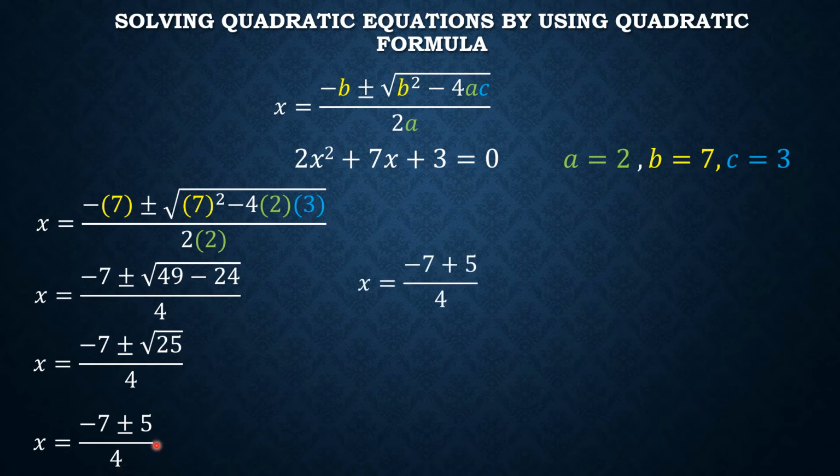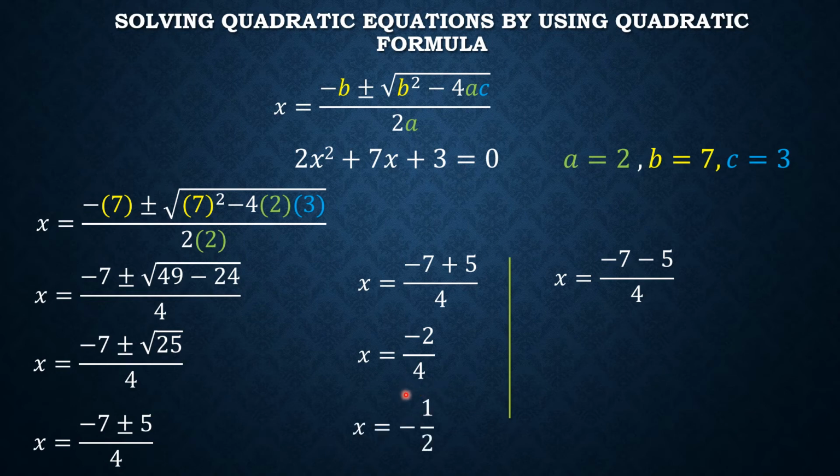By separating the two solutions, we now have x is equal to negative 7, plus or minus 5, so we have plus 5 and minus 5. Again, x is equal to negative 7 plus 5 over 4. So negative 7 plus 5 is negative 2 all over 4, which can be further simplified as x is equal to negative 1 half.